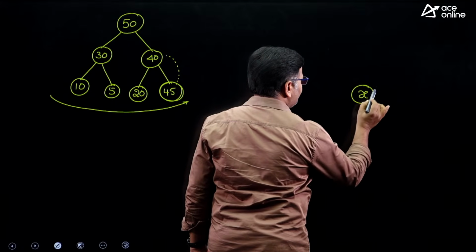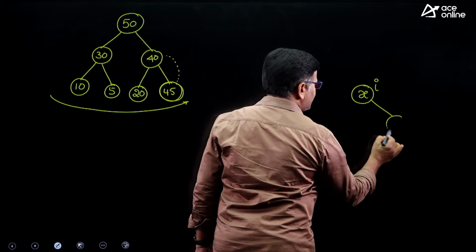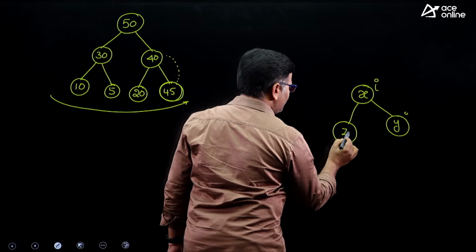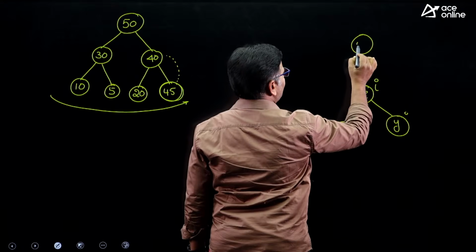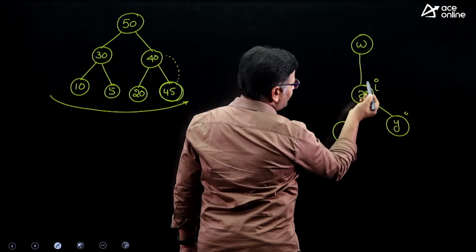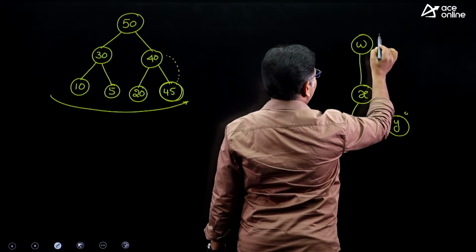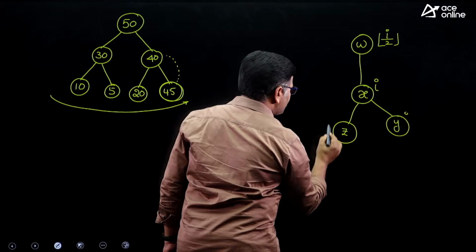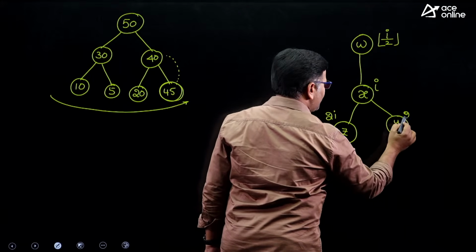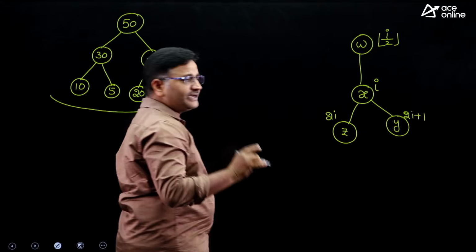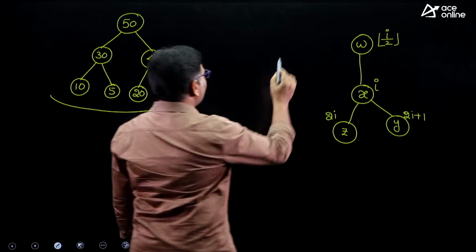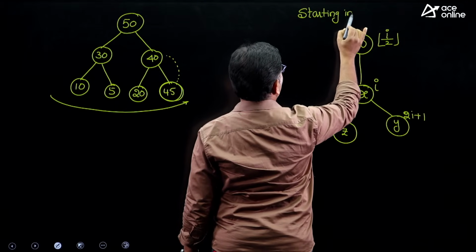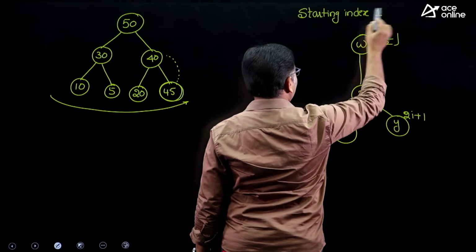Suppose a node x is available at index i; its left child must be available at index 2i, its right child at index 2i plus 1, and its parent at index i by 2, provided that the array index starts from 1. Generally we represent the starting index as 1. If the array starting index is 1, then this formula is valid.